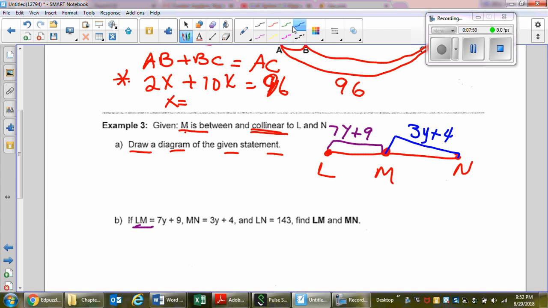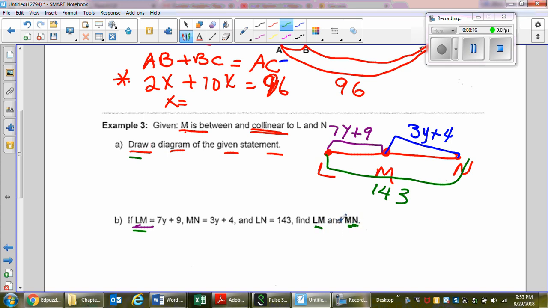And then let's use green. The green one is LN, which is 143. Okay, so that's based on the drawing, based on this diagram. That's what I did. So now the question is find LM and MN.